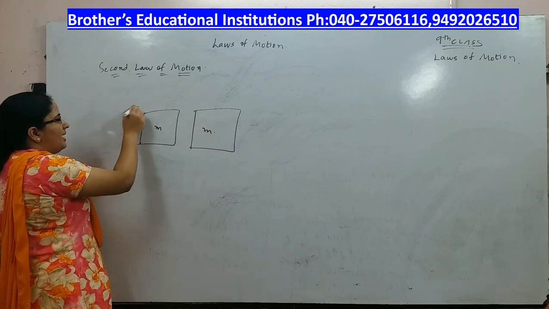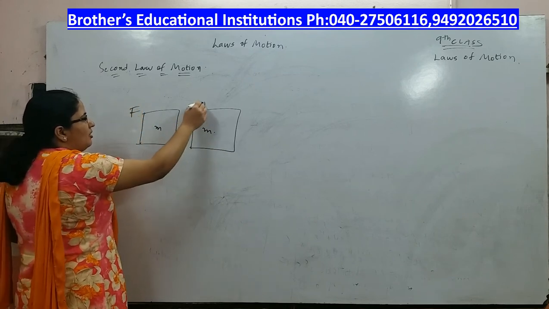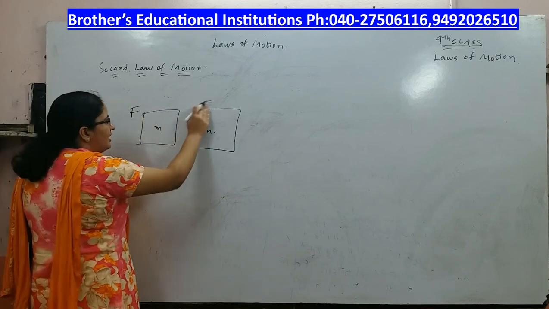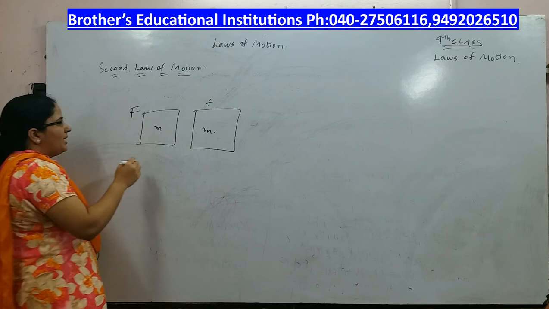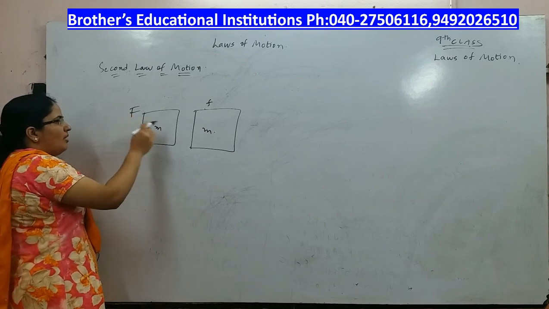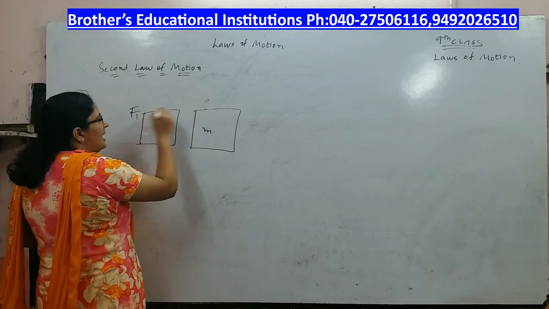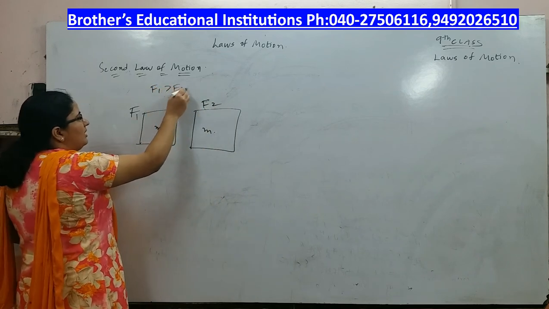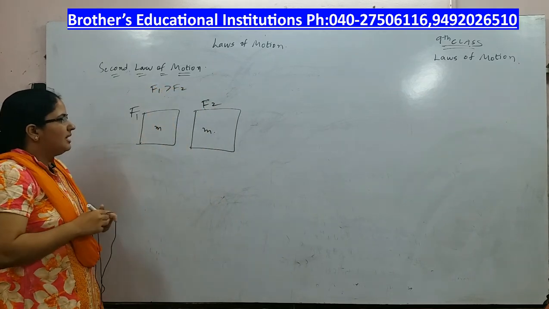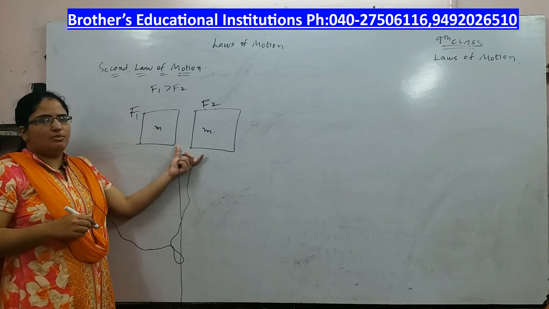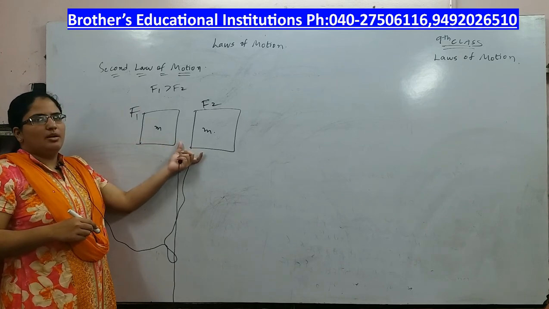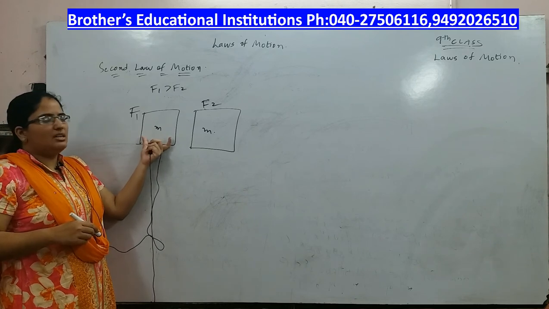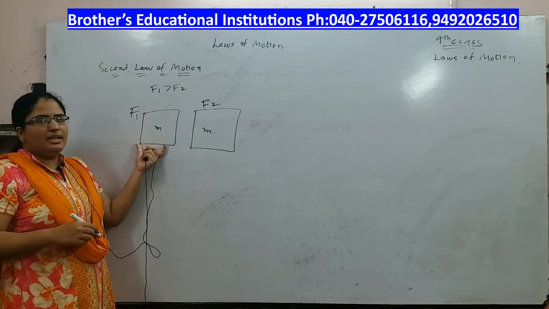For one you apply more force, for the other you apply less force. Let us say F1 is greater than F2. Which ice block accelerates more, the first one or the second one? Both will accelerate, but the first one will accelerate more than the second one because you have applied greater force.